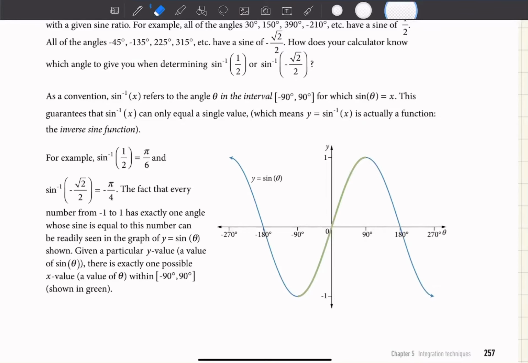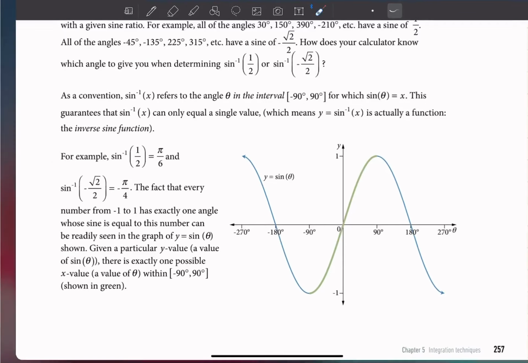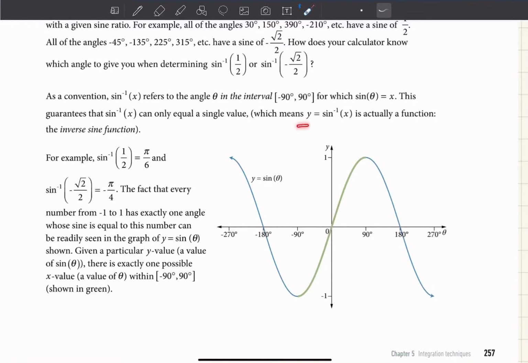Okay, but if we define a domain for y equals second function sine x, like that, it is actually a function. All right, and here we will look at this a little bit more. For example, the inverse sine of a half equals pi on 6, and here you can see this green part has been indicated.